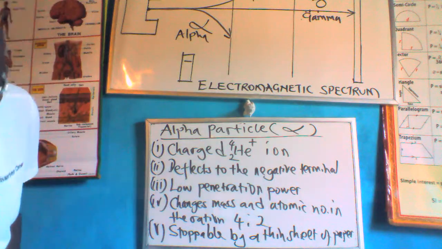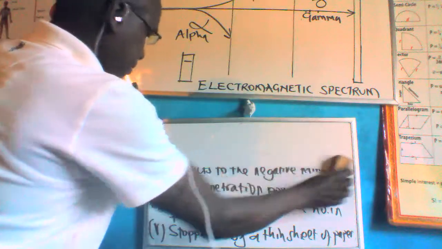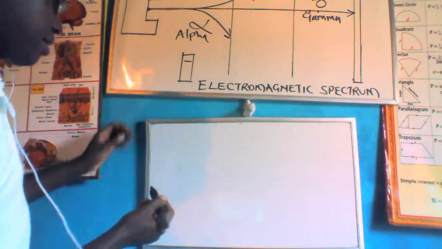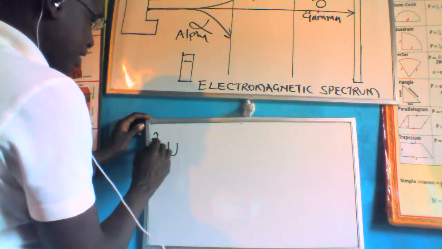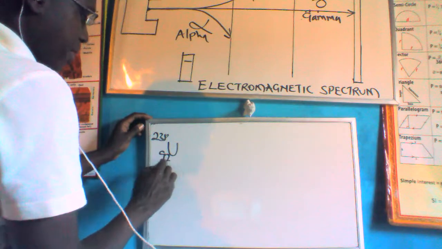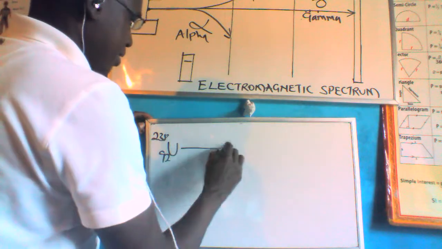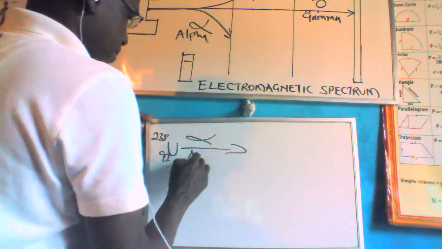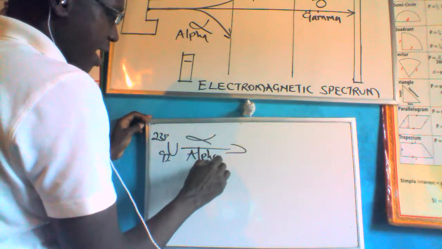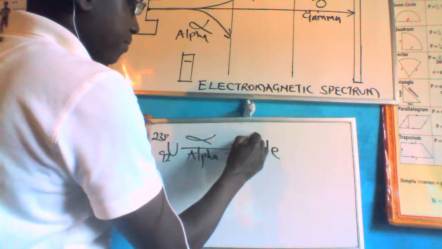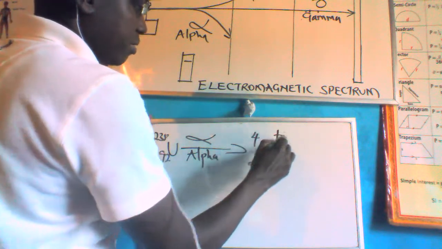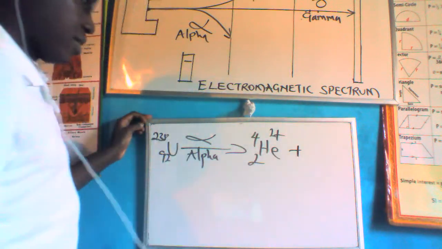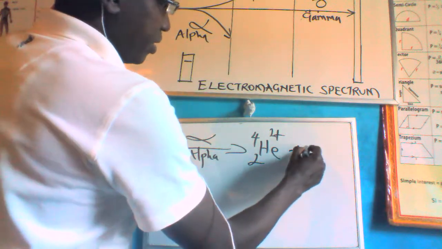Number 2, I would want to illustrate briefly what happens when an alpha particle is emitted. So basically, assuming that we have uranium-238, atomic number 92, and it so happens to emit an alpha particle. The alpha particle is represented by the helium ion, which is charged, and in this case, the process emits some energy.